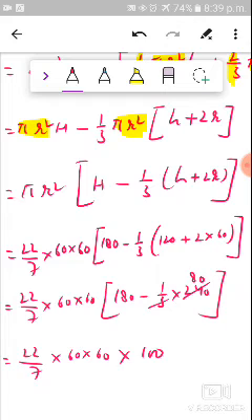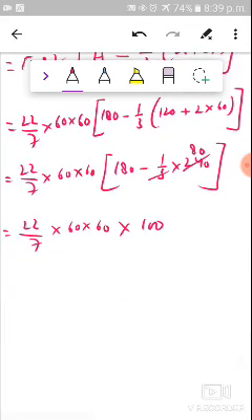Okay, now we have to multiply 22 by 60 into 60 and into 100, and then whatever the multiplication comes, we have to divide it by 7.